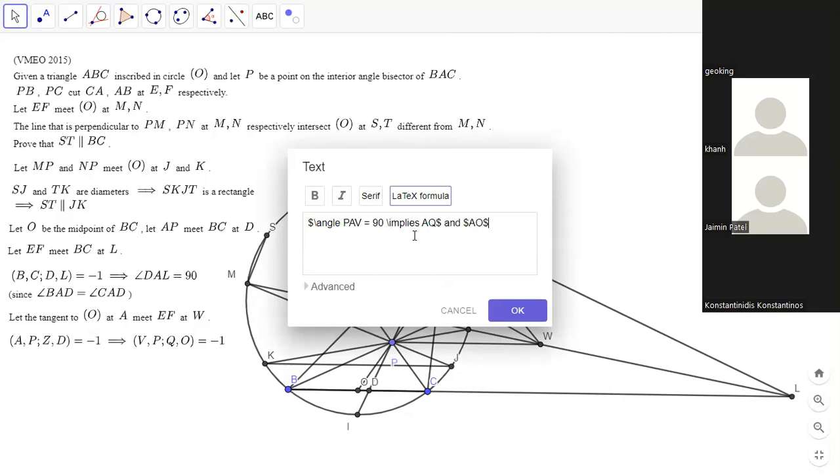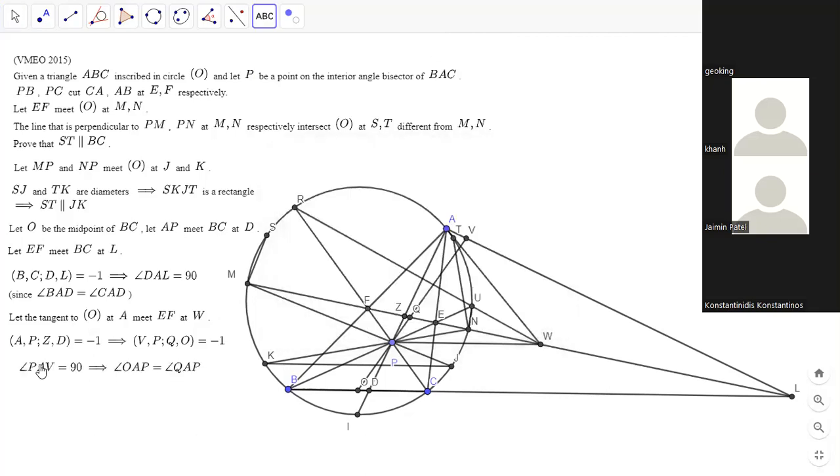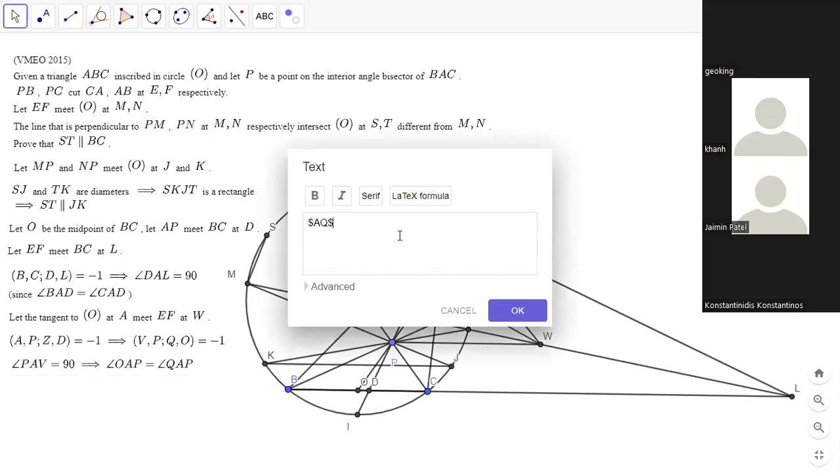Or I'll just say angle OAP equals angle QAP. And that means that AQ is a symmedian. AQ is the A symmedian.